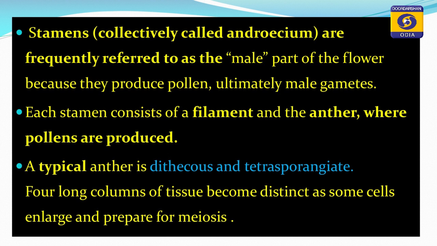a large number of stamens are there. So, the stamens are usually called microsporophylls, as they produce microspores in their spore producing structure called the anther. Generally, a stamen is referred to as a microsporophyll and it is the male part of the flower.